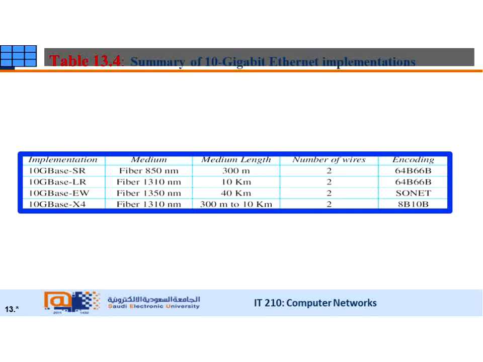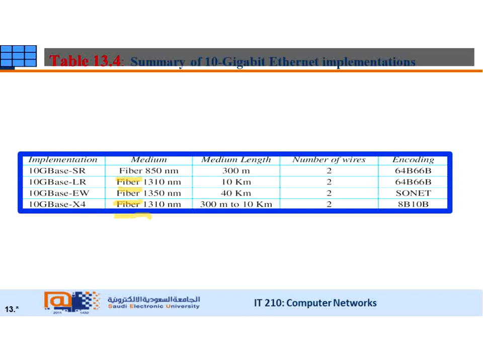This data rate is possible only with fiber optic technology. That's why the medium in this case is all fiber optics. The 4 implementations are 10GBASE-SR, 10GBASE-LR, 10GBASE-EW, and 10GBASE-X4.